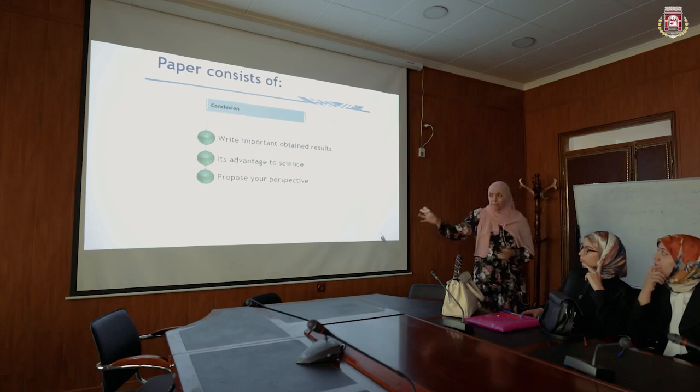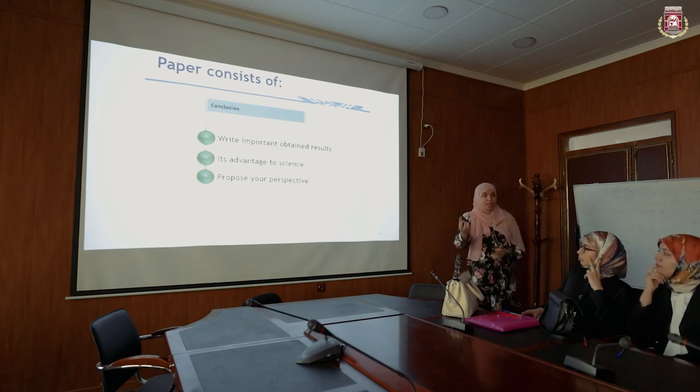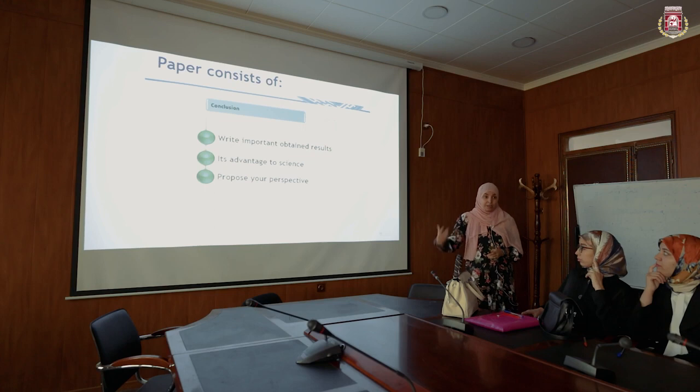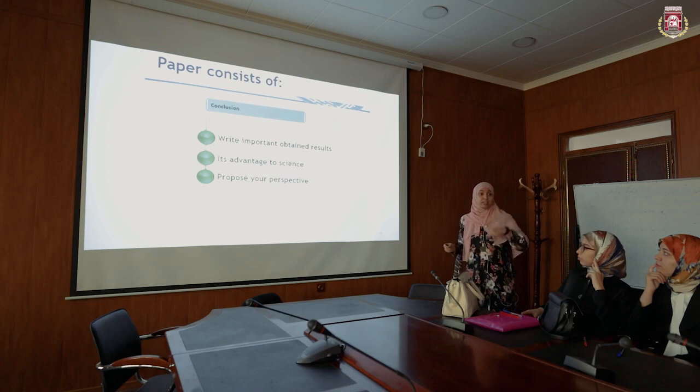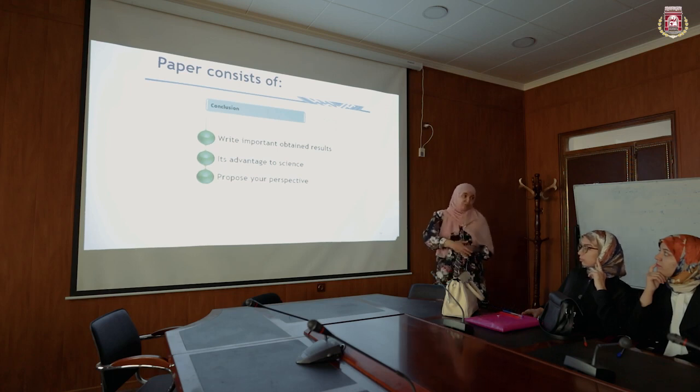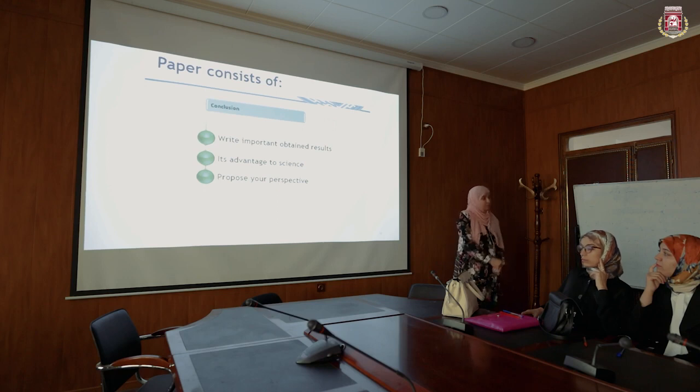For example, for amylase, we have found that we isolated a molecule, and this molecule presented a high inhibition against amylase. So with this high inhibition, we can propose it as a drug candidate. This is its advantage to science, as a drug candidate. And then propose your perspective. You should test this molecule with clinical assays to improve using it as a drug for diabetes.